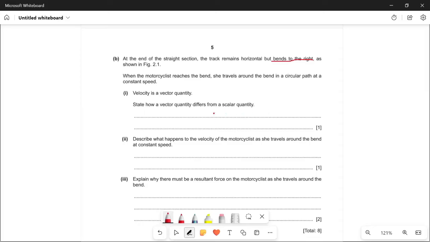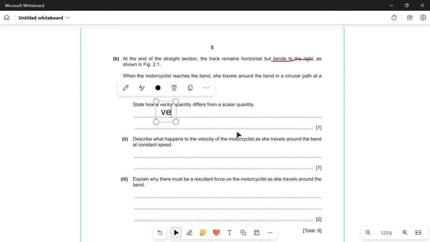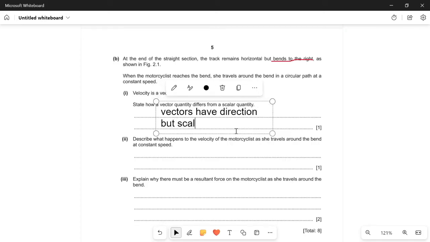So this is pretty simple. Vector quantities have magnitude and direction, but scalar quantities do not have direction. So vectors have directions, but scalars don't. That's a simple explanation.